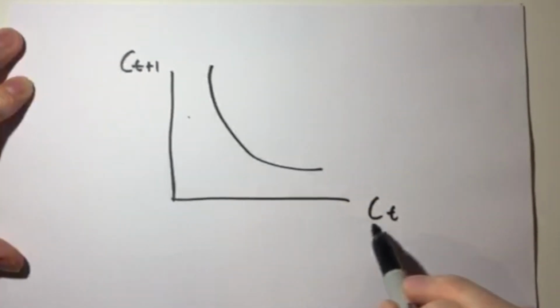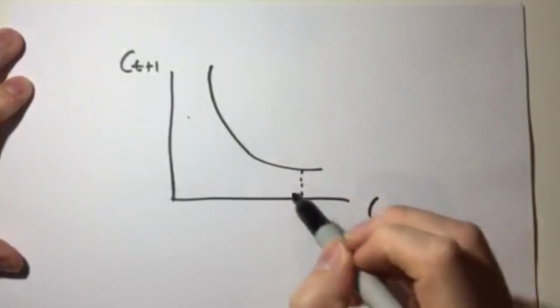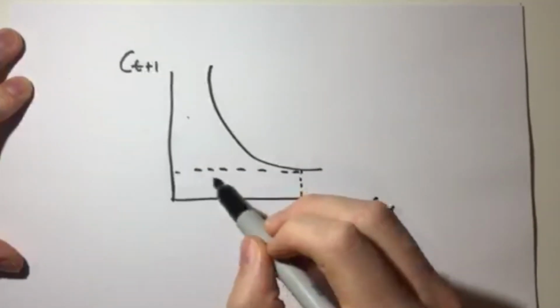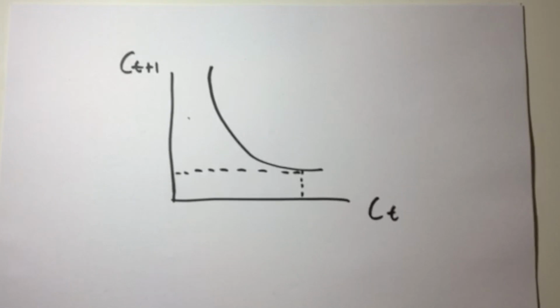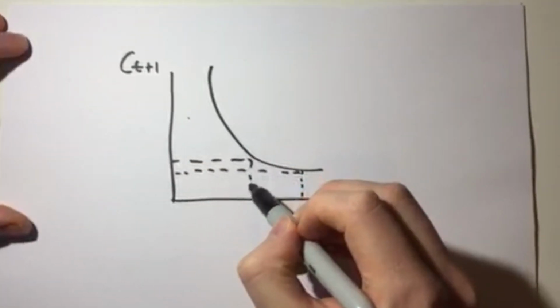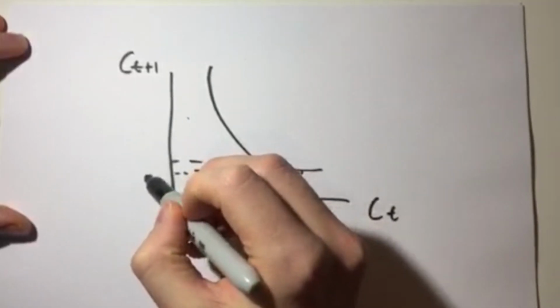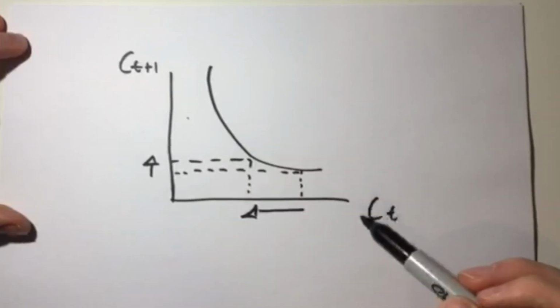Now, where diminishing marginal utility comes into this is when we have more of a good. What diminishing marginal utility means is that we get less utility from that good when we have more of it. So these lines right here represent that in an indifference curve.